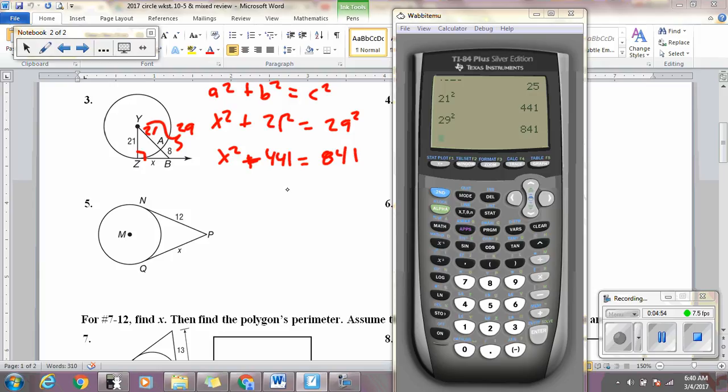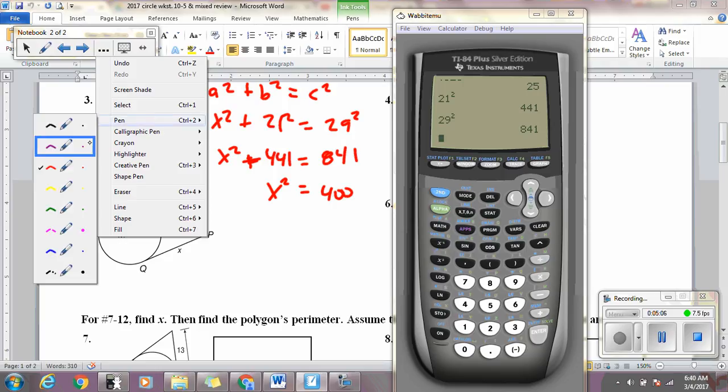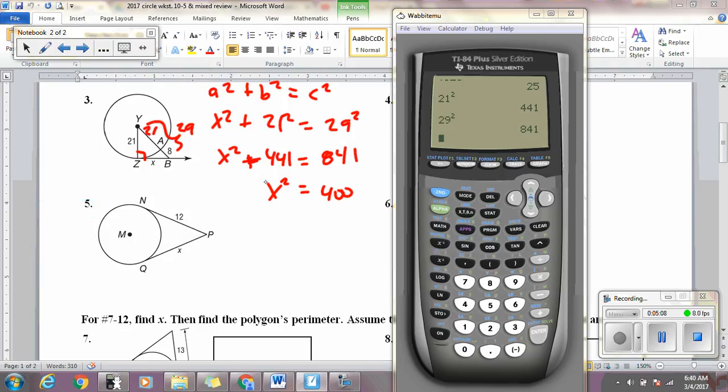So to get x squared by itself, I would have to subtract 441 from both sides. So I would have x squared is equal to 400. And then I have to take the square root of both sides again. And x would be equal to 20.